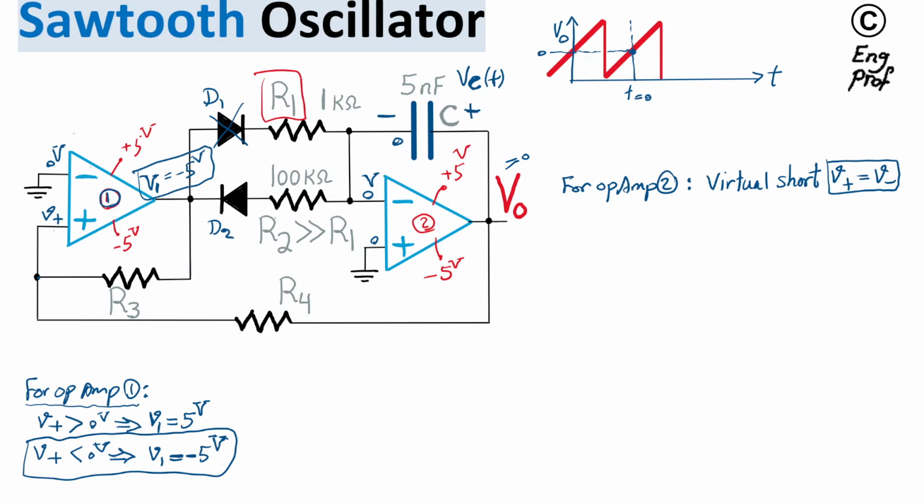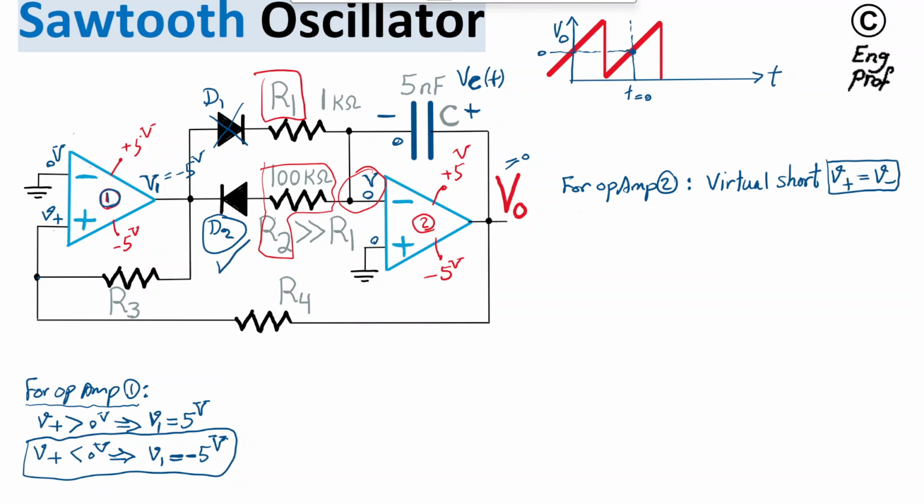And what happens is, because diode D2 turns on, the 100K, or R2, will notice 0 volt on one side and negative 5 volt on the other side.